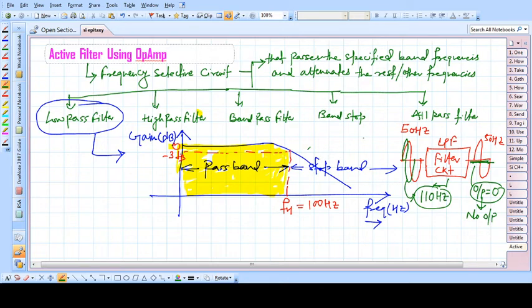Okay, the simplest example of a low pass filter circuit is our RC filter. First we will do the passive one.